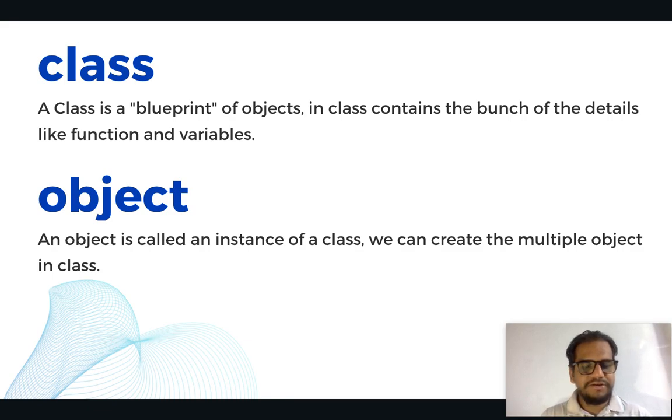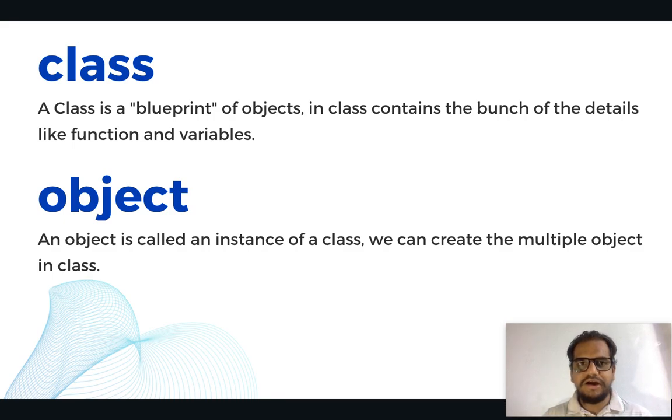An object is called an instance of a class. We can create multiple objects from a class. For example, we have a car. From that car class we can make multiple objects.